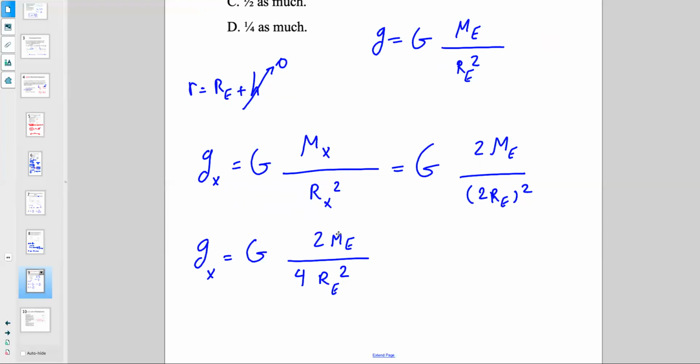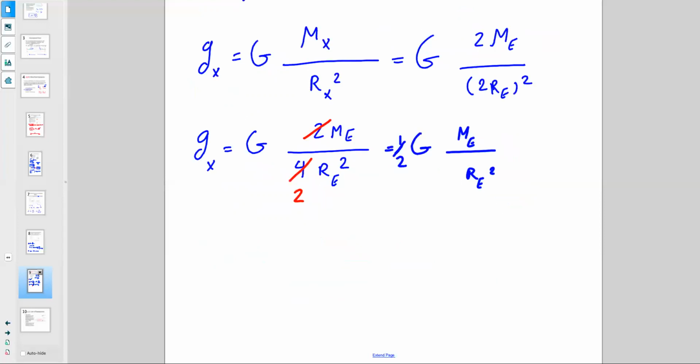You can cancel out the 2 with the 4, and then you have 1 over 2 here, times G M of E over R of E squared, and we know this is g of the Earth.